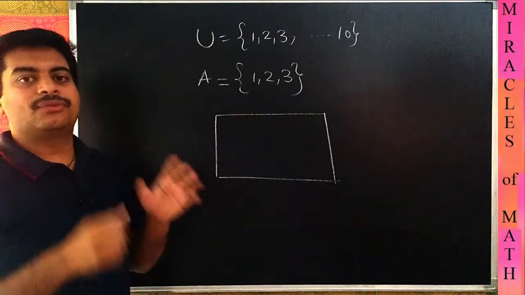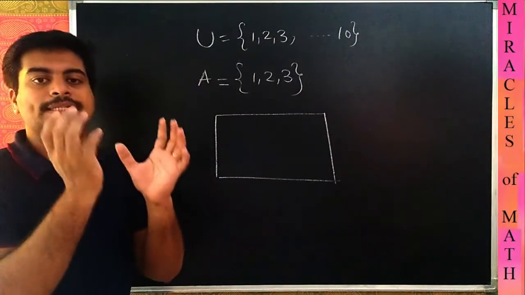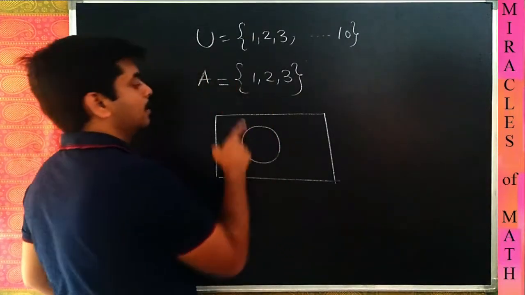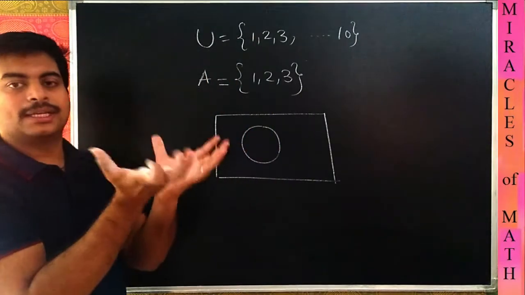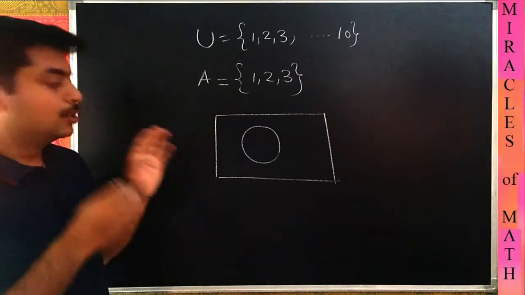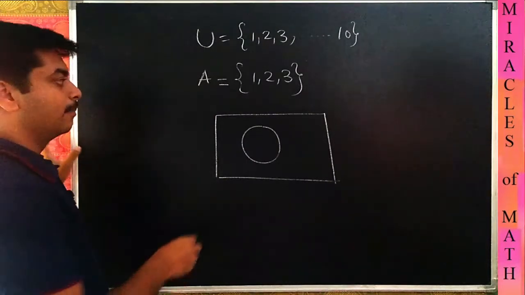1, 2, 3, treat it as a small circle. In a small circle you are keeping all these elements 1, 2, 3. This is the simplest form of representing a Venn diagram.